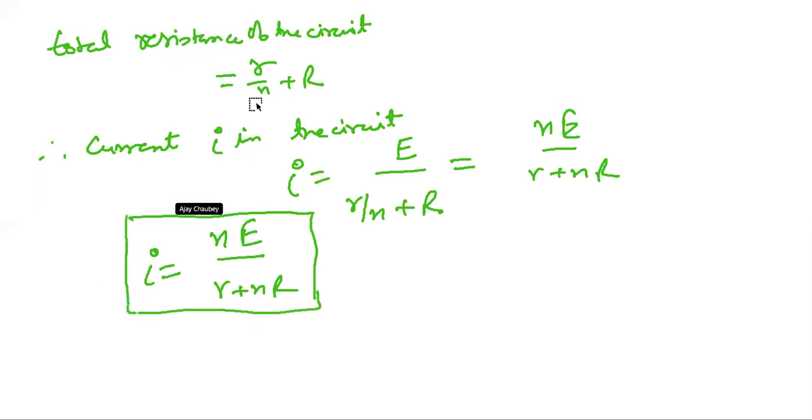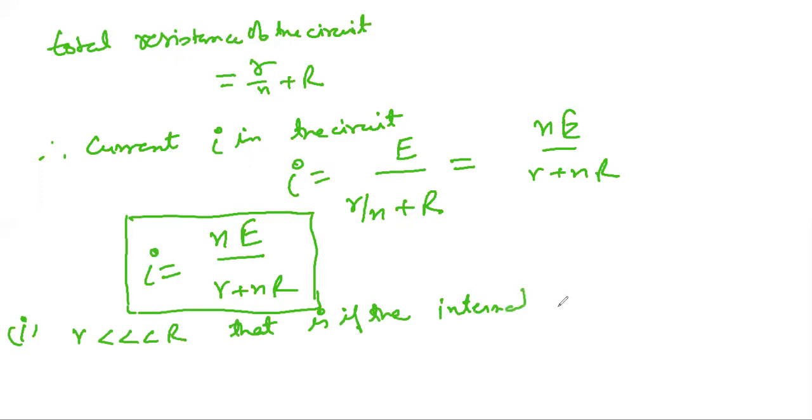Next is condition. Here also you can apply: if r is far less than capital R, that is, if the internal resistance of the cell is much smaller than the external resistance.